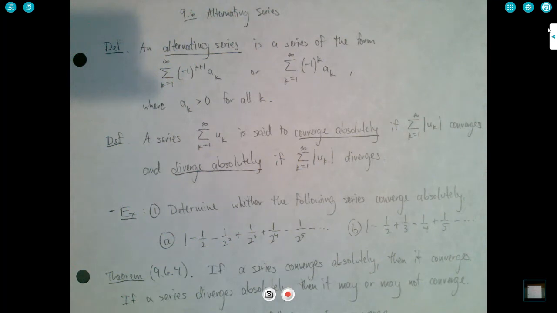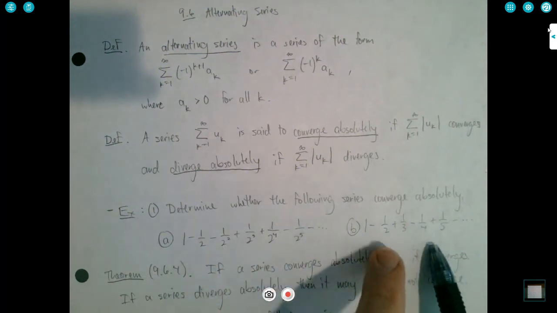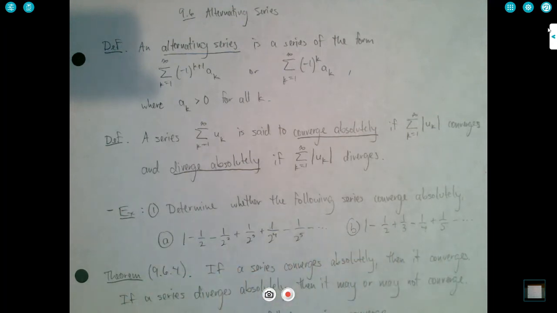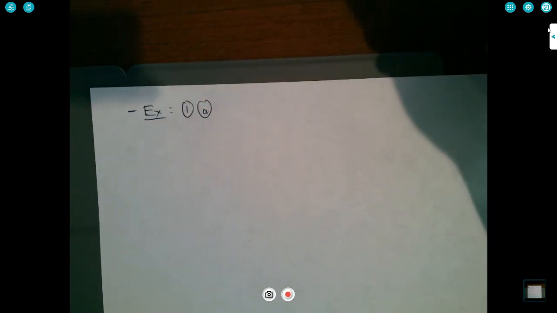So let's practice. Let's determine whether these two series converge absolutely. The first one is actually not an alternating series according to the definition that we wrote down a second ago, because the sign isn't alternating on every other term.